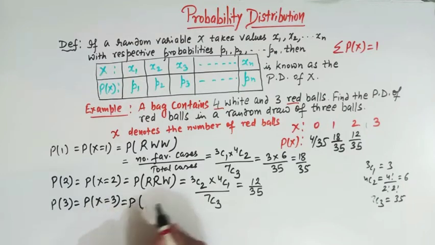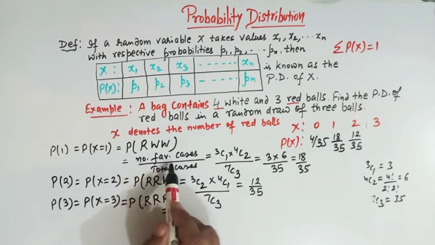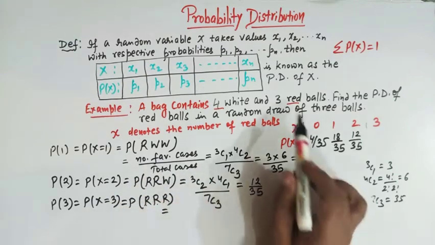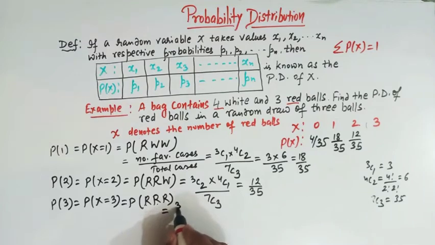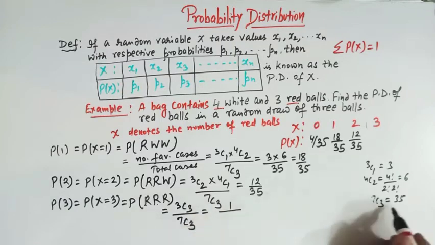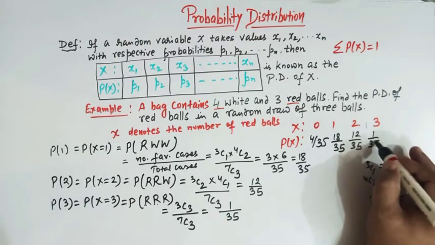So it means all the balls are red, and again applying this definition, that is total number of favorable cases divided by total cases, three red balls can be selected out of three red balls in 3C3 ways, and in the denominator we have 7C3, right? So 3C3 is 1 and 7C3 is 35. So here we'll write 1 over 35.